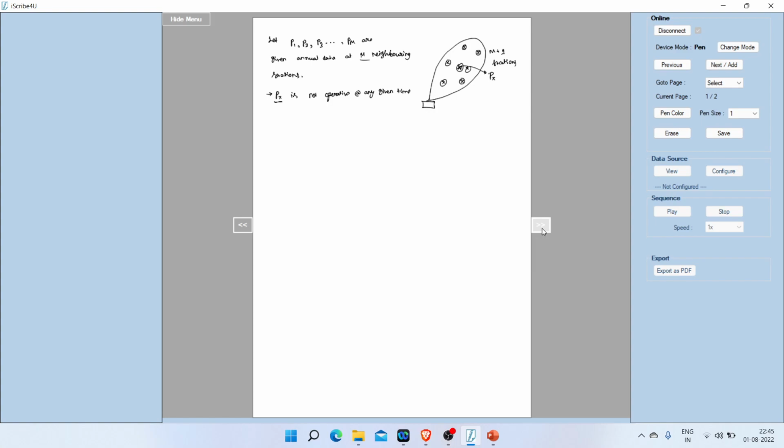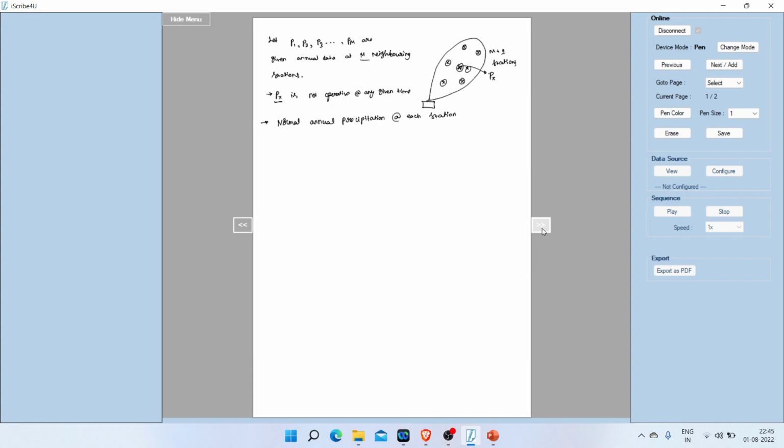There are two procedures to do this. Before that, we calculate the normal annual precipitation at each station. How can we calculate it?